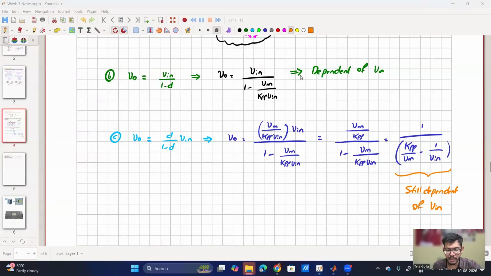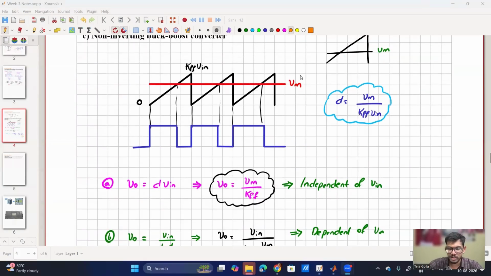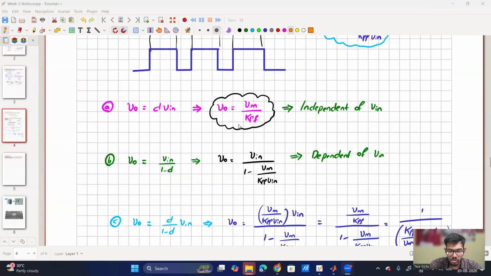So why in the case of buck converter is it independent, but in the case of other converters it is dependent? Because if you see the expression of duty ratio, we are getting Vin in the denominator, and for buck converter it is D into Vin. So Vin will get cancelled if Vin is in the denominator for duty ratio. Whereas in the case of boost converter, 1 minus D should be a function of 1 by Vin, so that Vin will get cancelled.